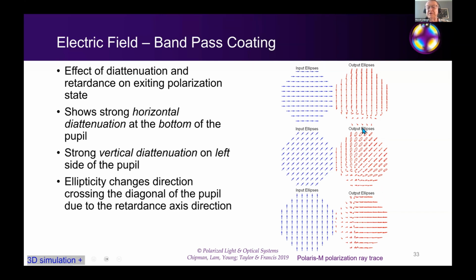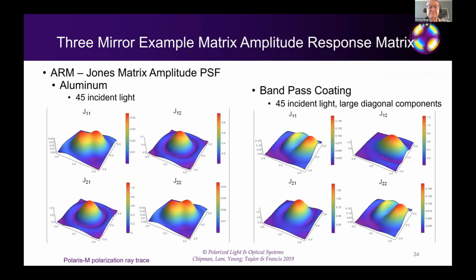And so we get this huge spatial variation in polarization coming from vertical diattenuation, horizontal diattenuation, 45-degree diattenuation. And then for vertical polarized light, again, there's a lot of change in amplitude, but there's not so much change in polarization. It's sort of near an eigenstate of the net properties of those ray paths.